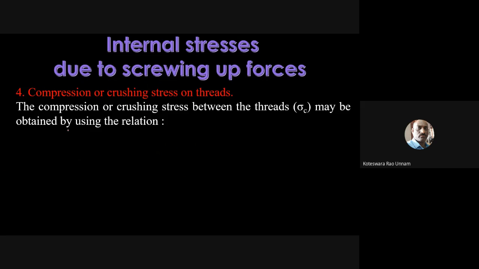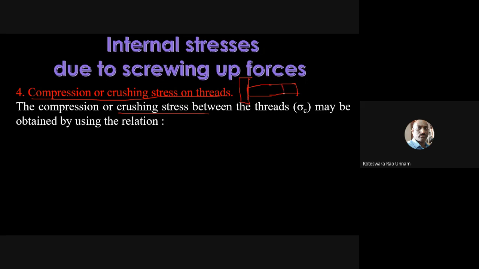Then the next type of stress is bearing stress, or crushing stress, or compressive stress. The compression or crushing stress between the threads may be obtained just by taking the load divided by the bearing area. Whenever you are calculating the bearing stress, you need to compute the projected area. If I take a bolted joint, let us take this as a bolt.